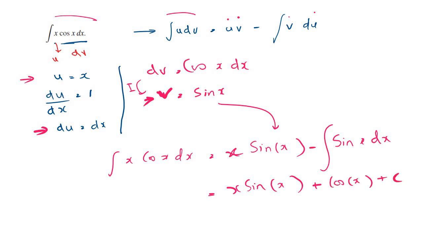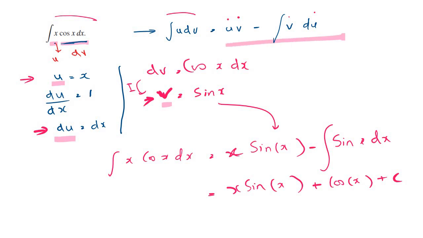All we did here was take this function and divide it into two parts, u and dv. All we had to do is find u, du, and v to substitute into this equation.